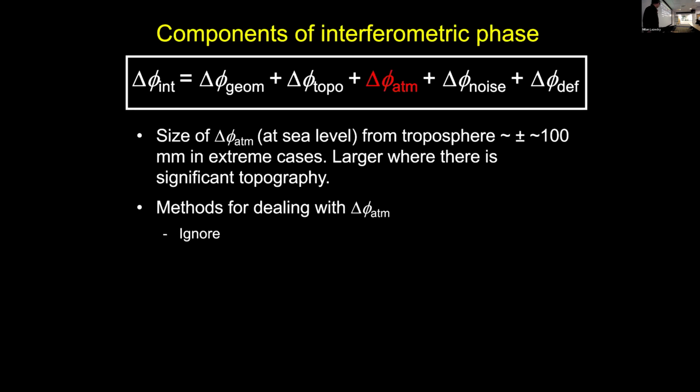In general, if you've got a signal where you've got 50 interference fringes from an earthquake and only one of them is from the atmosphere, then maybe that's okay. It's better, rather than ignore it, to at least quantify it: find somewhere that you're not expecting a signal, try and measure that signal and use that in your noise models when you're trying to get your geophysical parameters.